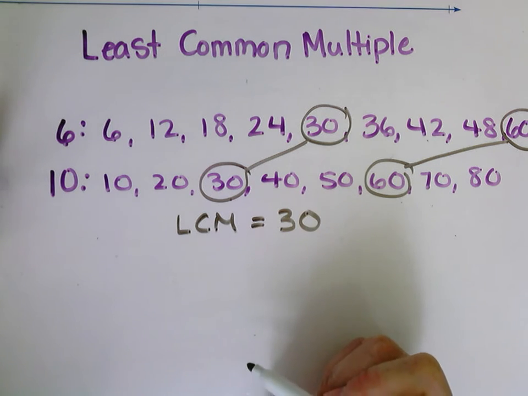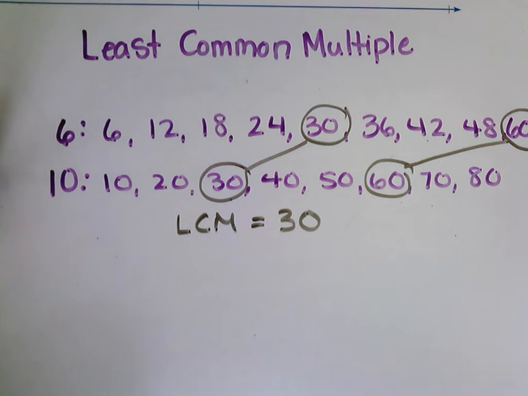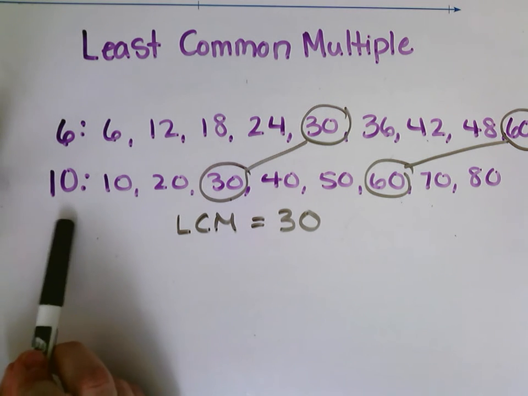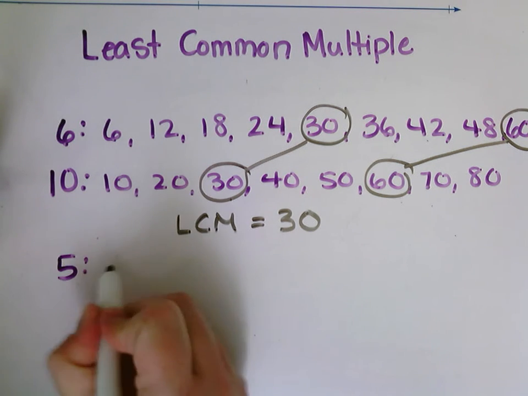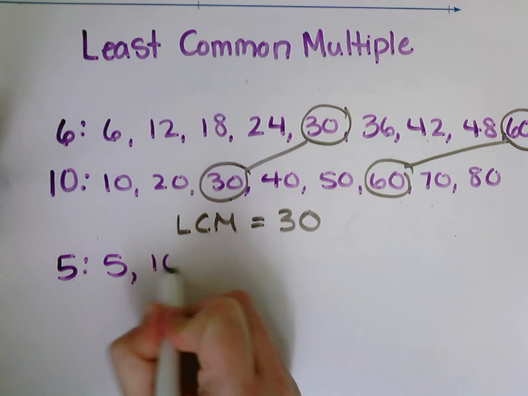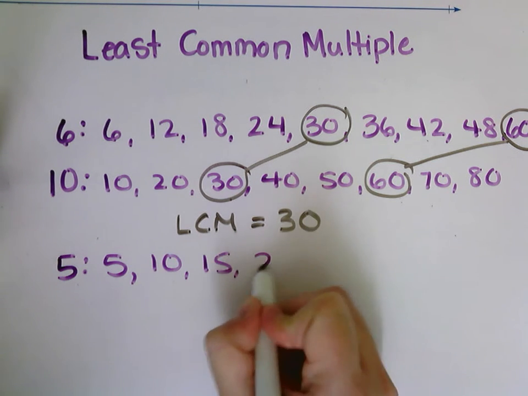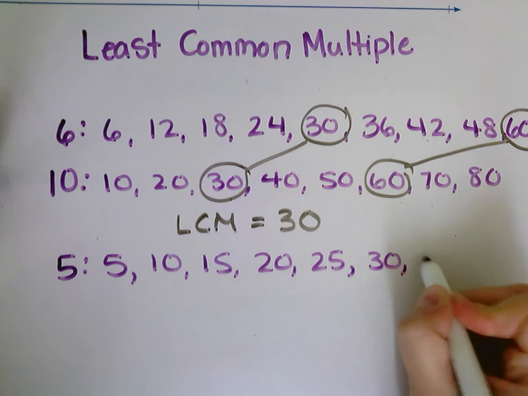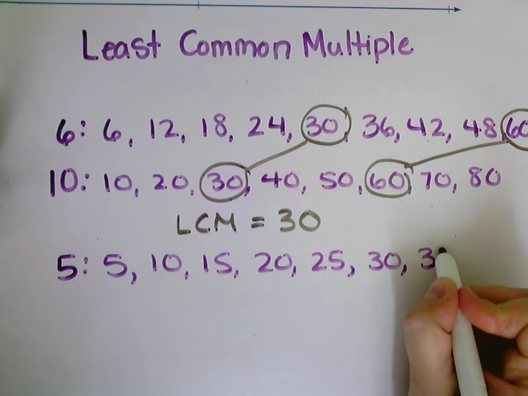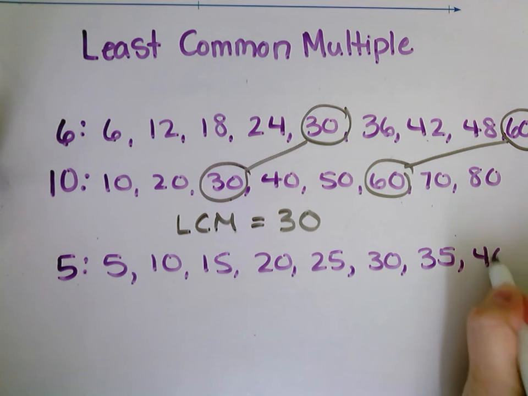What if I wanted to know the least common multiple of 6, 10, and 5? So I'm going to add the 5 multiples here. 5, 10, 15, 20, 25, 30, 35, 40, and so on.